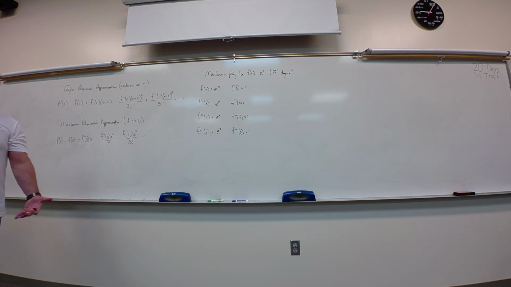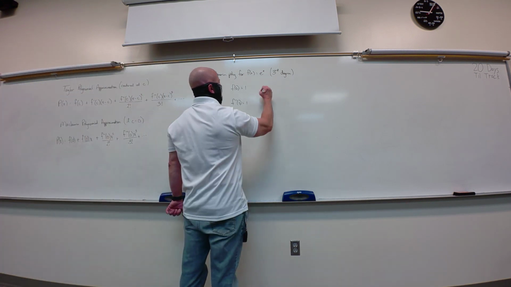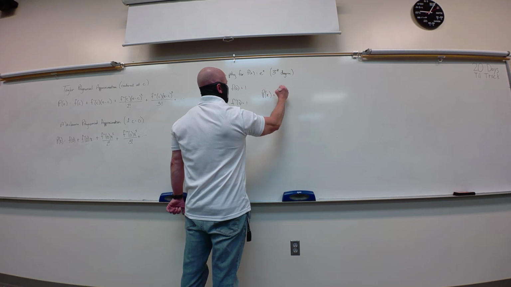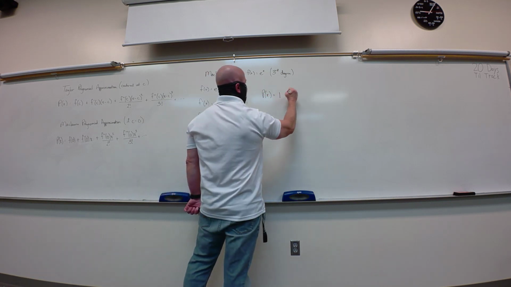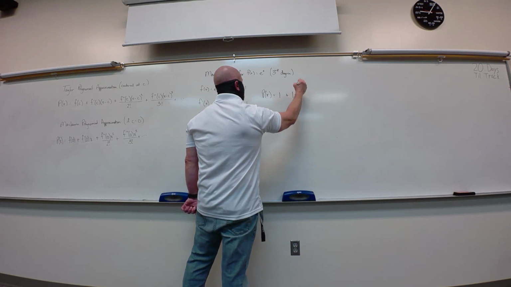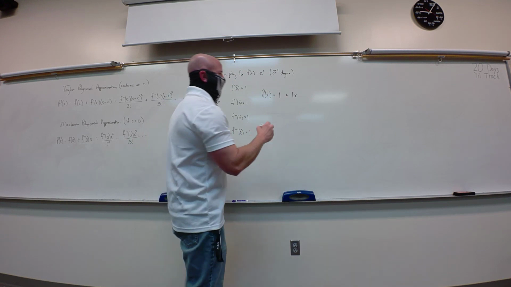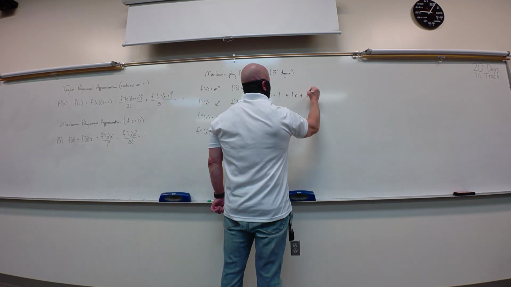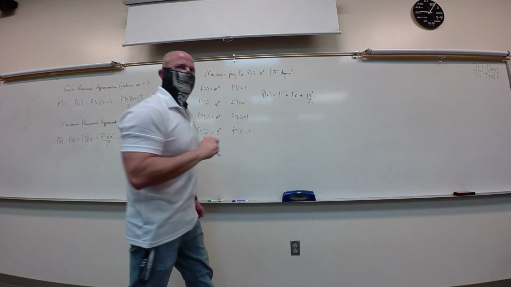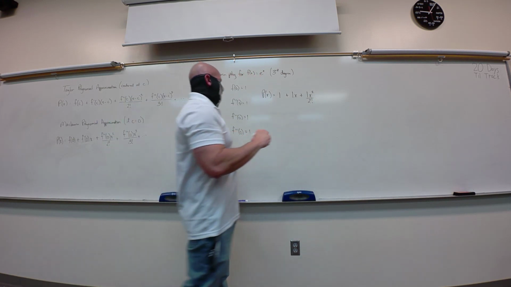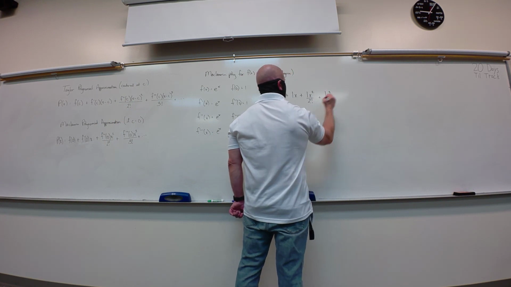So now I'm going to write out my polynomial. P of x. 1, my first term, plus 1x to the first, plus 1x squared over 2 factorial, plus 1x cubed over 3 factorial.